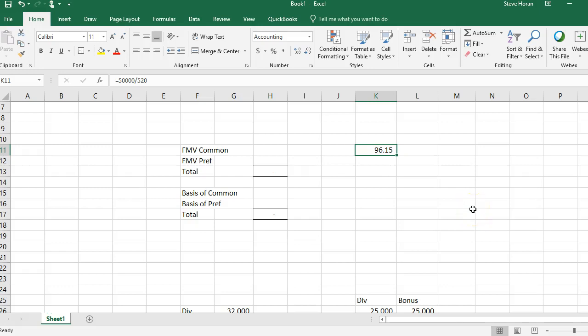So it goes from 100 down to 96.15. We're still worth 50,000. So that's the answer to that one. Because we received like-kind stock, we just received more of the same stock. I have 20 more shares now. My basis is just now 96.15.